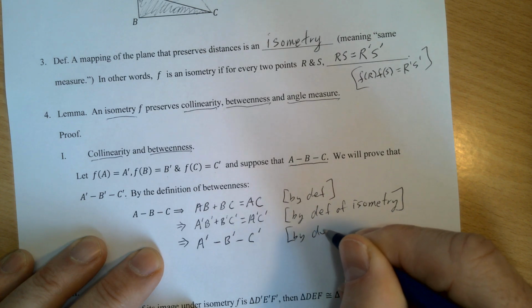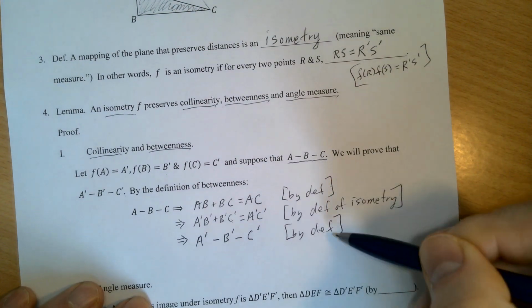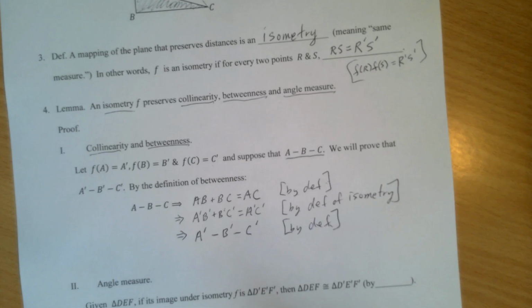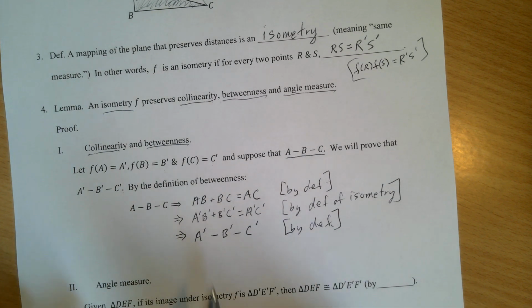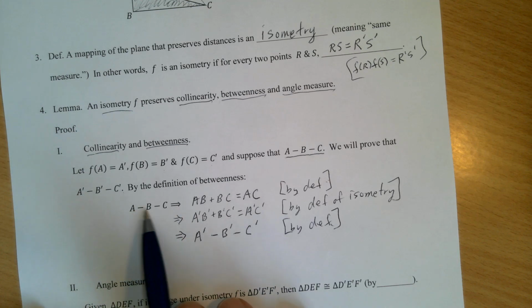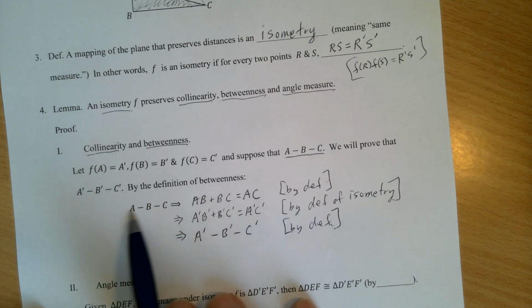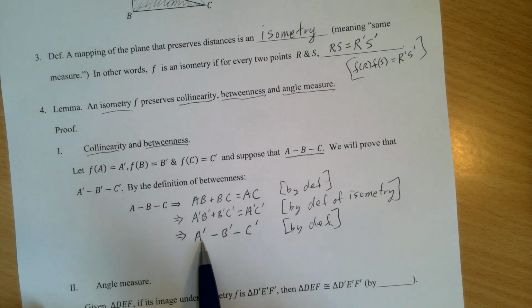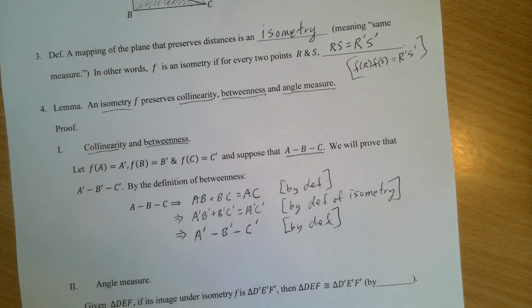I'm just going to write by definition again. The first and third lines are by the definitions of betweenness. Okay, so we proved that B between A and C, they're collinear and B is in the middle between them, implies that B prime is between A prime and C prime, so they are also collinear.